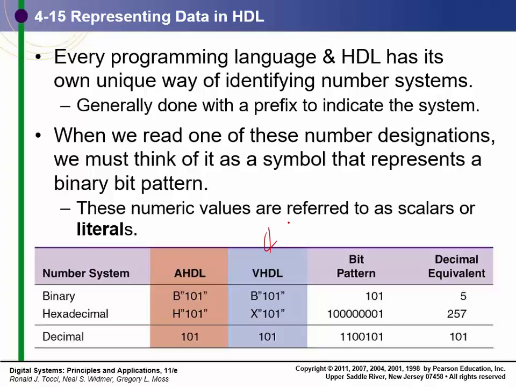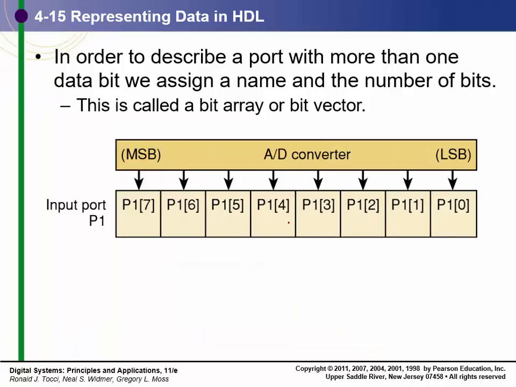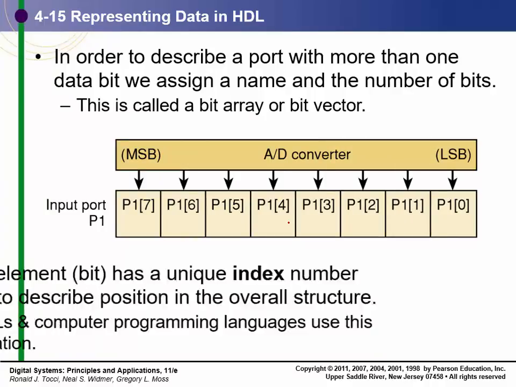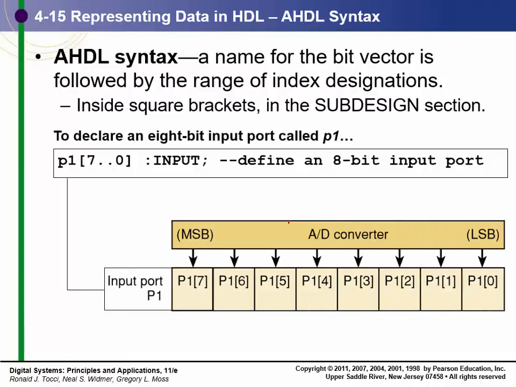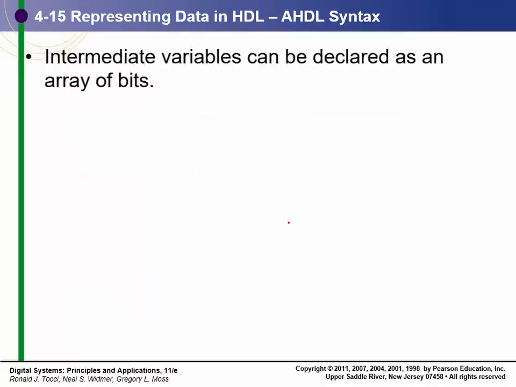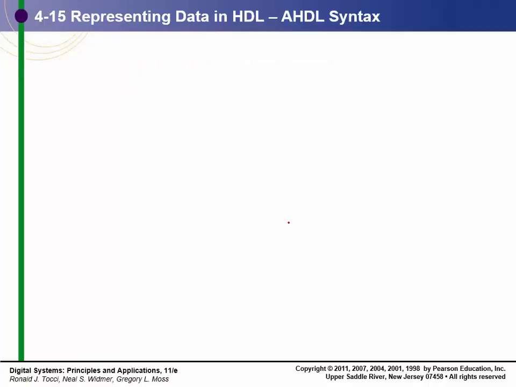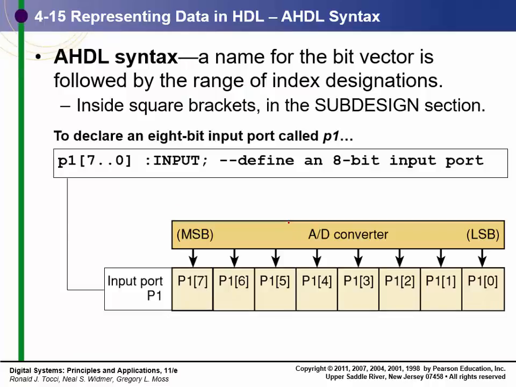So, okay, that's there. I'm not going to get into representing data in the VHDL. So, syntax. This basically declares that we're going to have an 8 input, ordered high to low.